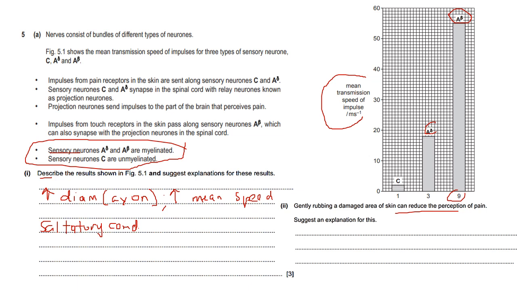What you will suddenly start to feel is the temperature of your palm. So you might be like, oh, my hand is cold, or my hand is warm, or whatever it is that you're feeling. And that's because the touch sense tends to be transmitted a lot faster than the pain itself. So that might be a reason why rubbing an area of the skin can reduce the perception of pain.